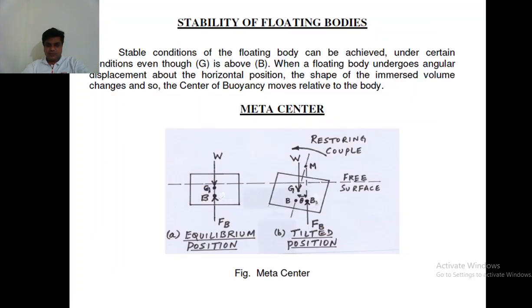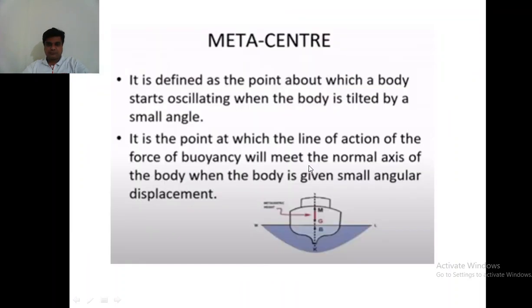So this is the normal axis of the object, and this is the new line of action of the buoyant force. They both meet here, and that point is called the metacenter.